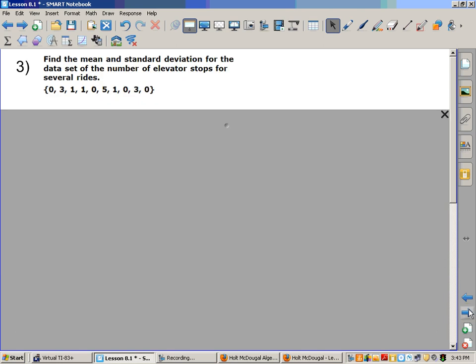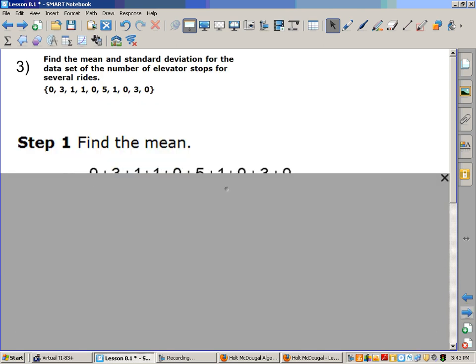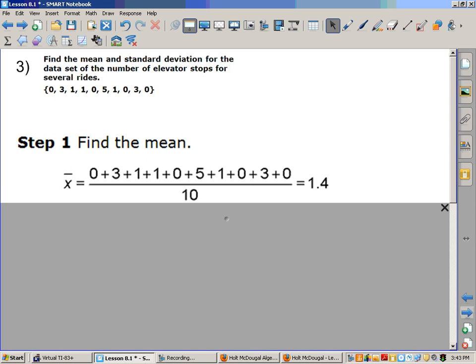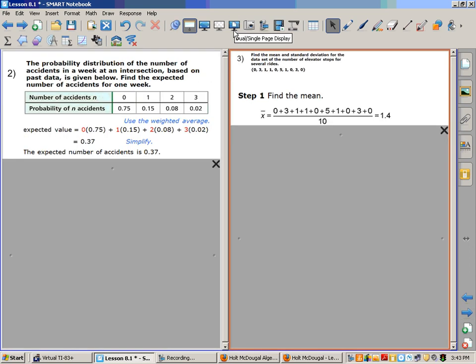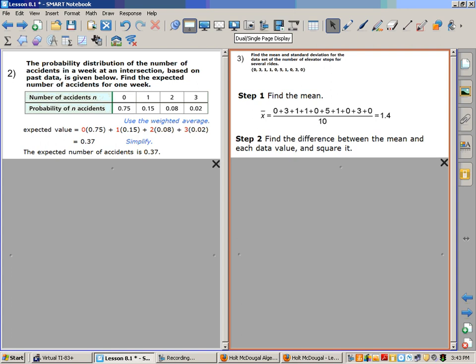Number 3, the first thing we have to do is find the mean score. If I take all those numbers, add them up, and divide by 10, I get a mean score of 1.4. Then after that, I have to find the differences between the mean and each one of those values.